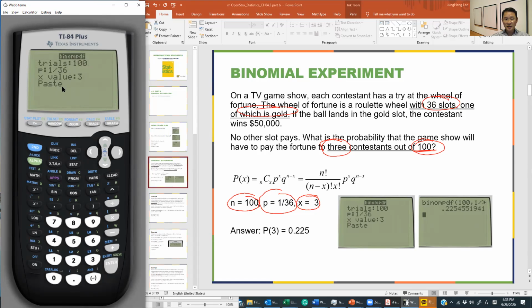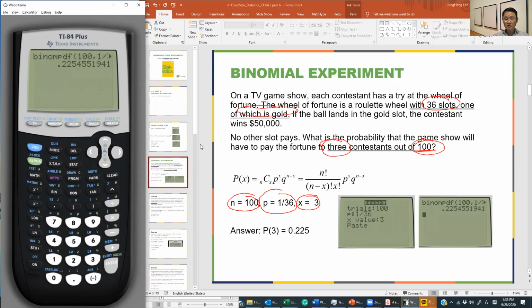And they ask, do you want to calculate this? So I'm going to press enter once again. Then they are confirming, is this the right n, the right p, the right x? So check it, correct, and it gives the answer. And there you go. That's it.